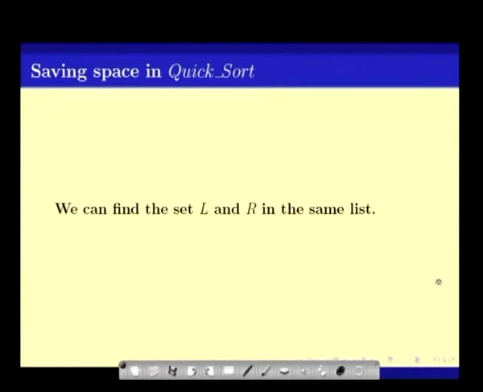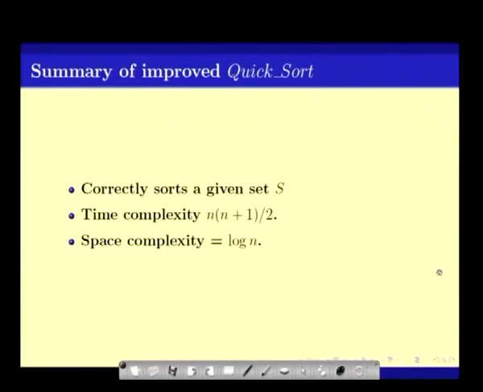Then again we looked at an improved version of this quicksort, such that we can create this L and R in the same list, and in that case we can reuse this space and thus get the space complexity down to log n.